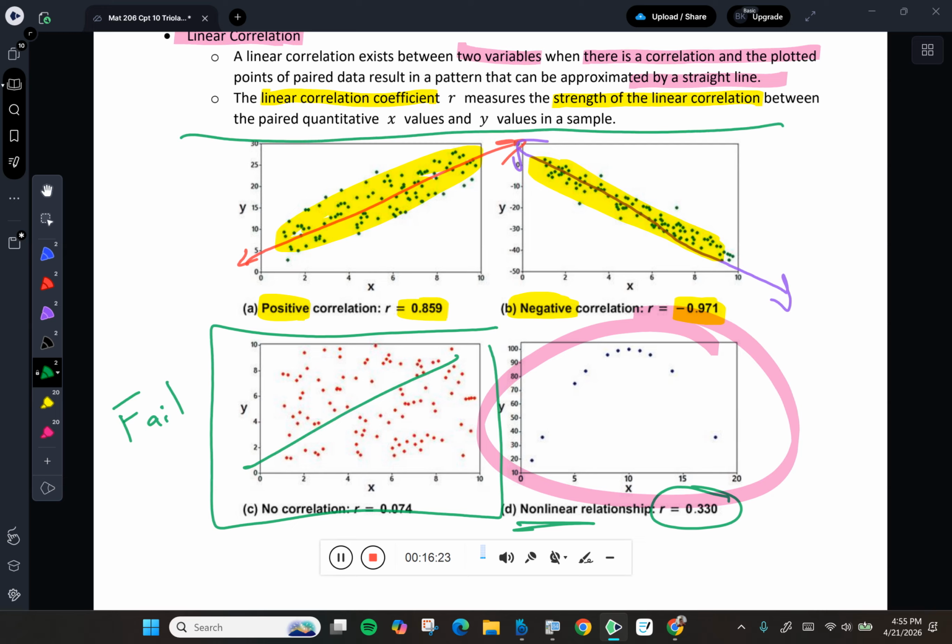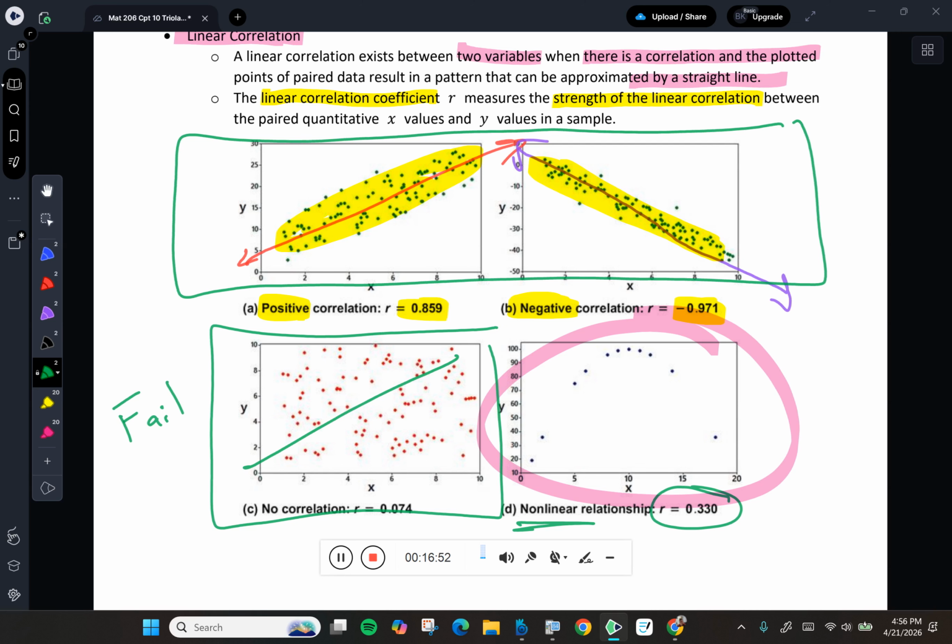These two, when we ran a hypothesis test on them, would most likely not fail. And we would argue that there is enough evidence to suggest that we should find the equation of that red line in the left one or that purple line in the right one, and that line could be useful in making predictions about the data.